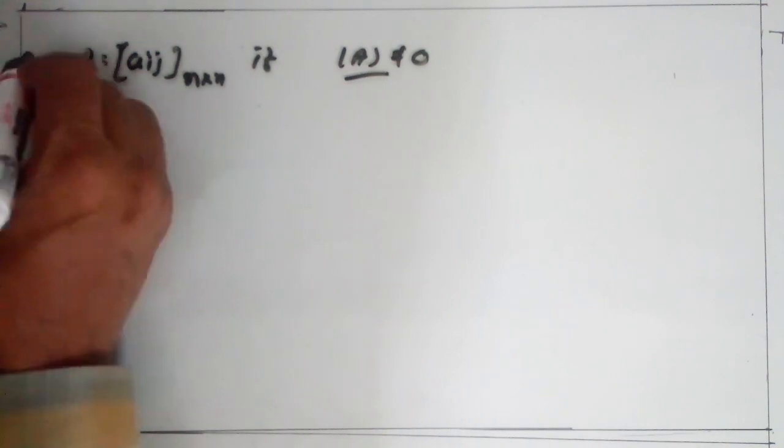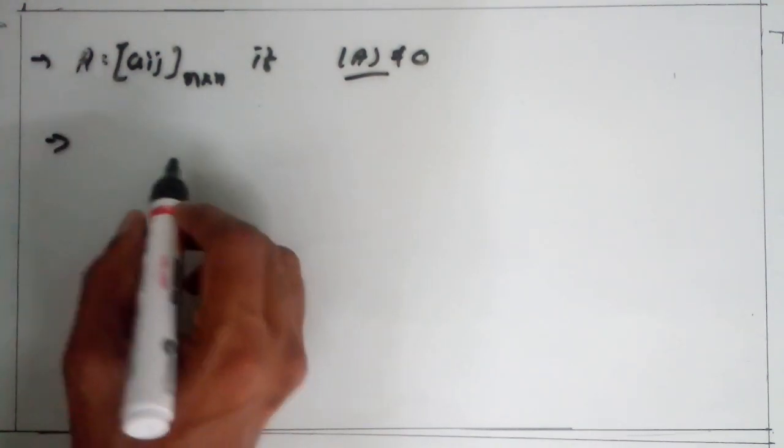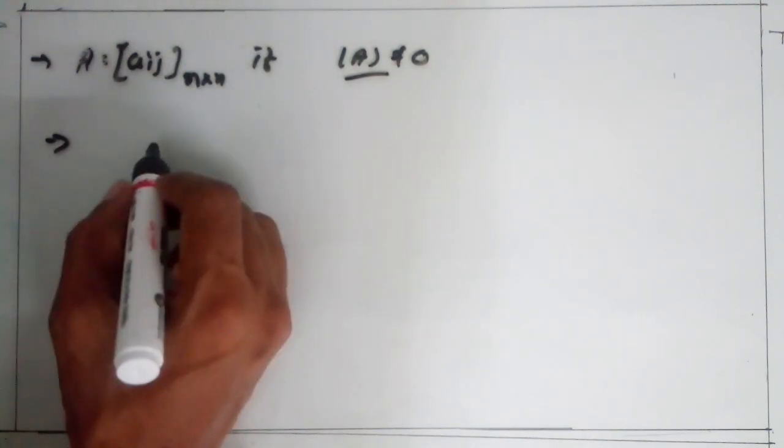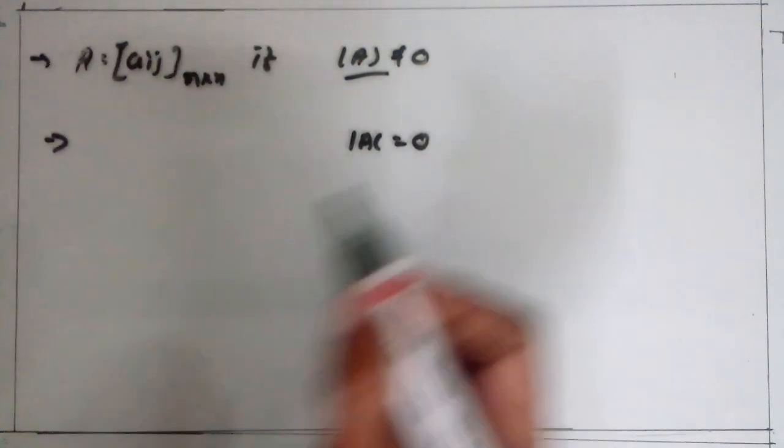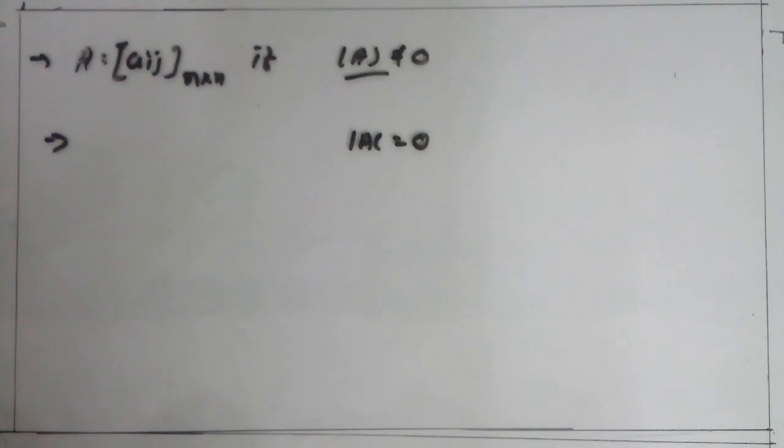Clear? And a singular matrix: if for a given square matrix A, the determinant of A is equal to 0, then the given matrix is called a singular matrix.